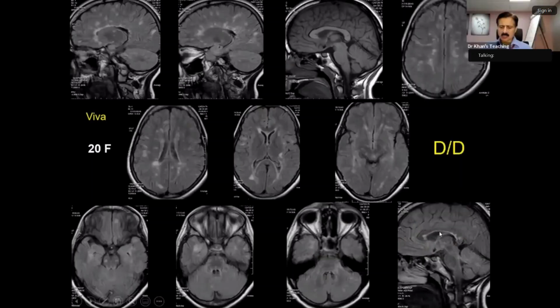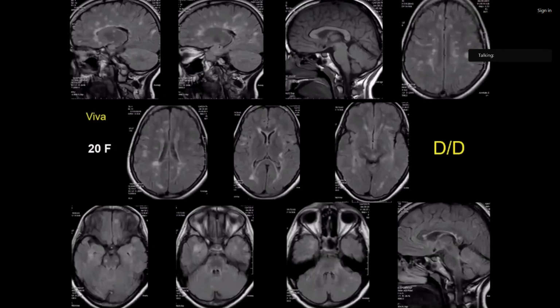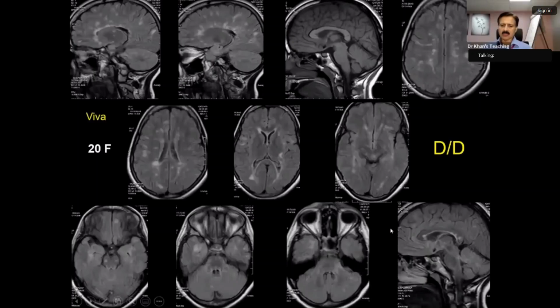So this is the undersurface of corpus callosum, also known as the calloso-septal interface. So classically in MS, there is involvement of this. In some of the earlier studies, the sensitivity and specificity in MS for this was more than 90% actually.